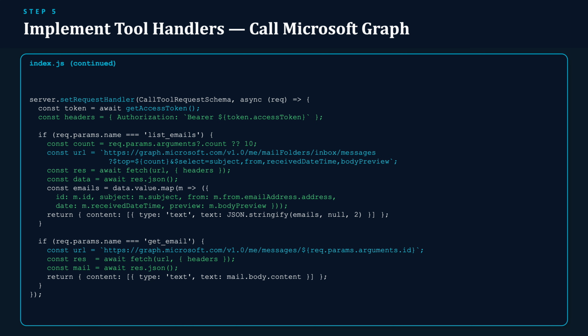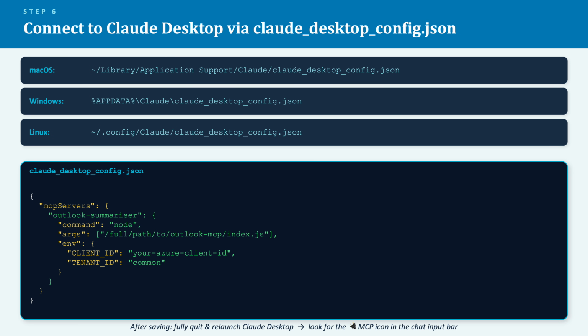Let's now connect this to Claude Desktop. To connect our server to Claude Desktop, we edit a JSON configuration file that tells Claude where to find our MCP server. The file location depends on your operating system. On macOS, it's in your home directory under Library/Application Support/Claude.